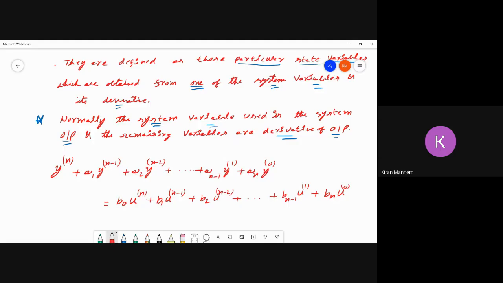Now what are these a1, a2, a3 and b1, b2, b3? They are constants. What is n? n is nothing but the nth order differentiation.